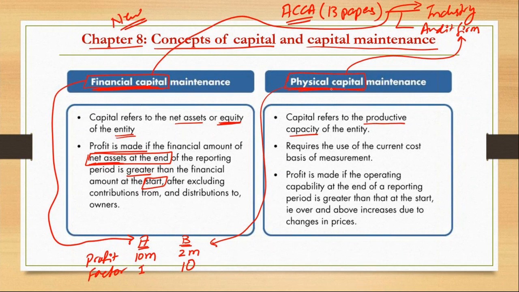But from physical capital point of view, profit is made if the operating capability at the end is greater than the operating capability at the start. So for both types of investors, the priority is different, the profit is different. One says profit is earning cash and the other says profit is earning the capability.